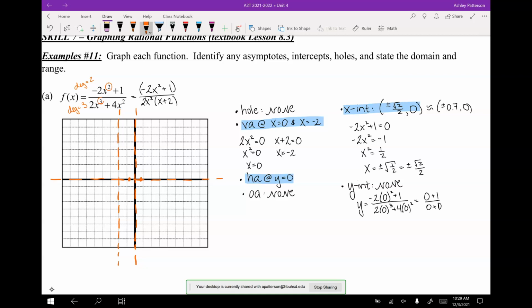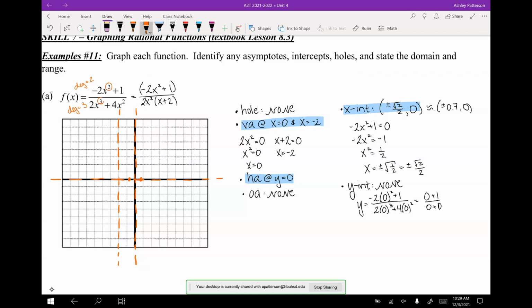So I need to figure out, does the graph exist up here or down here in that region? In between the next vertical asymptote and the x-intercept, does the graph exist above or below the x-axis? In between the two x-intercepts, does the graph exist above or below? We need to figure out where the function lies in relation to our characteristics.